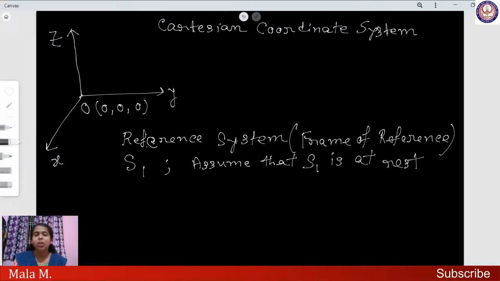Now here we are only talking about frames of reference which are at rest.